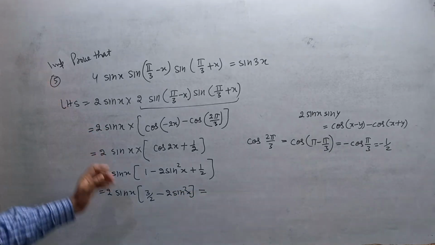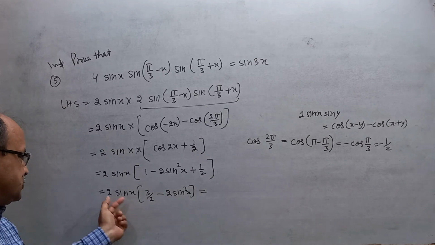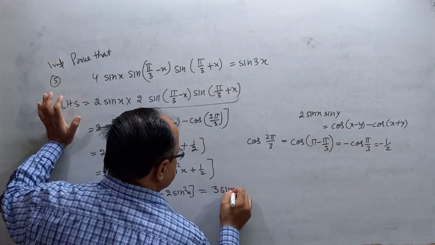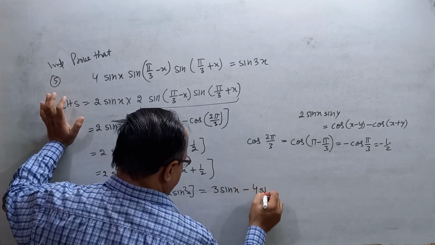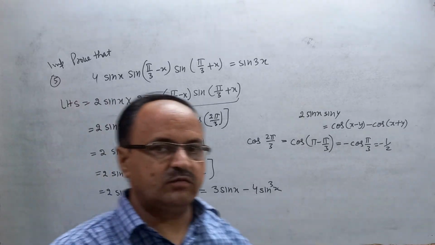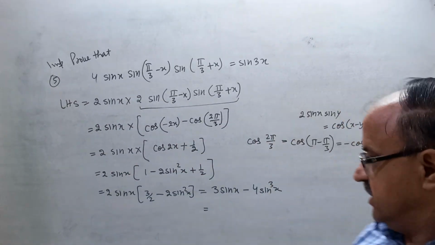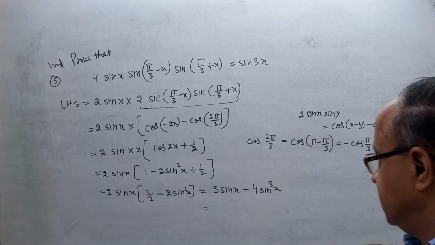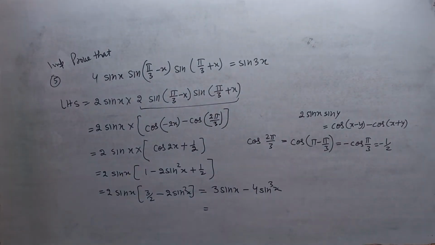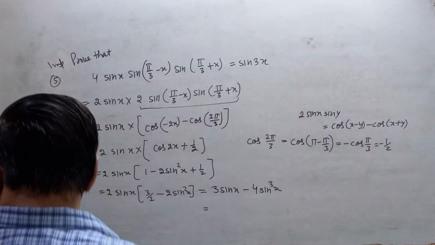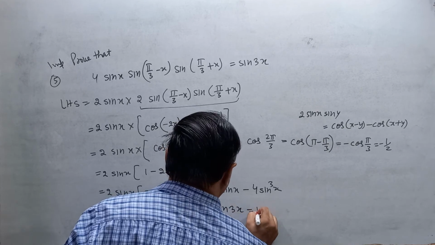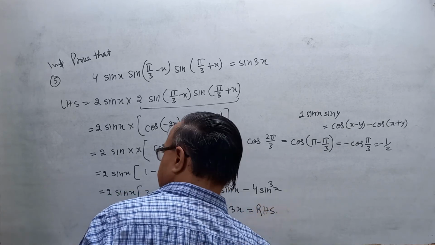Now multiply this bracket with 2 sin x. That is 3 sin x minus 4 sin cube x. Now can you tell me this formula? 3 sin x minus 4 sin cube x is the formula for sin 3x. That is the right hand side. Clear?